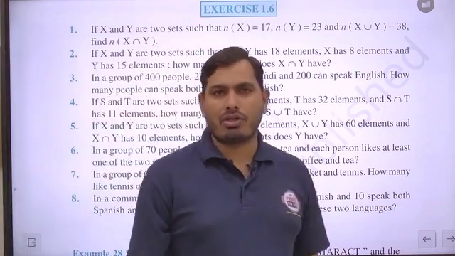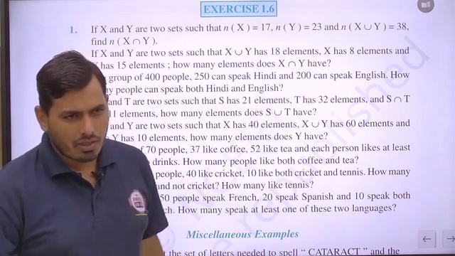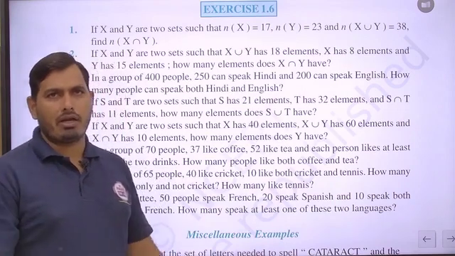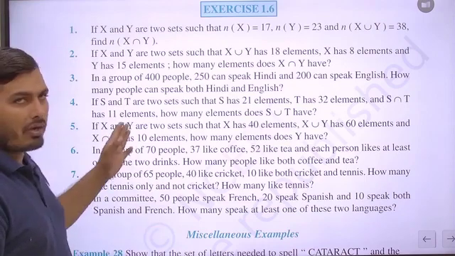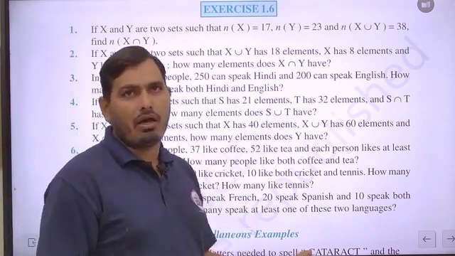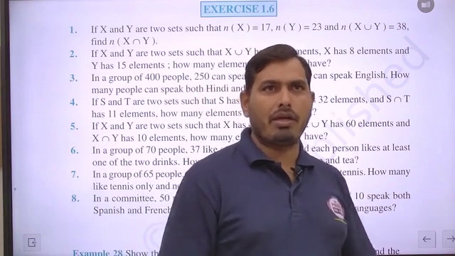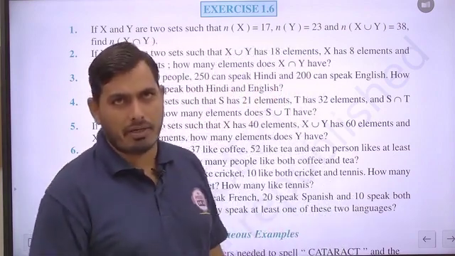Again, student, this is a data-based question, and no particular difficult language is given. There are only two sets, S and T, where S has 21 elements and T has 32 elements, and their intersection has 11 elements. Is it clear?